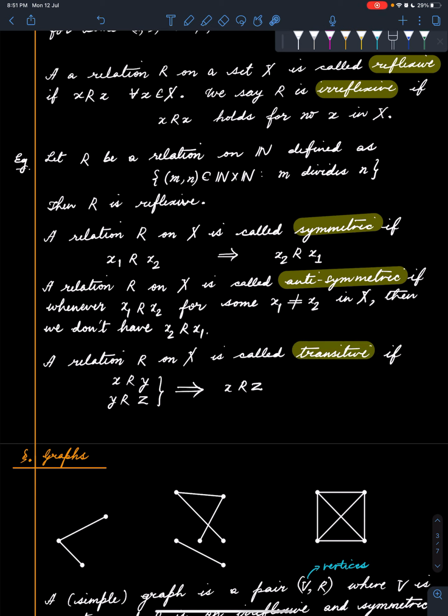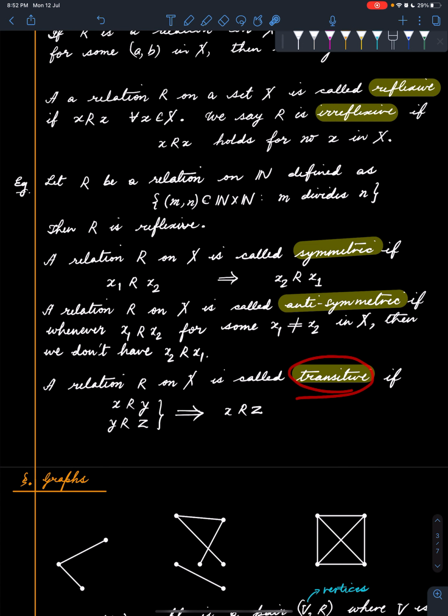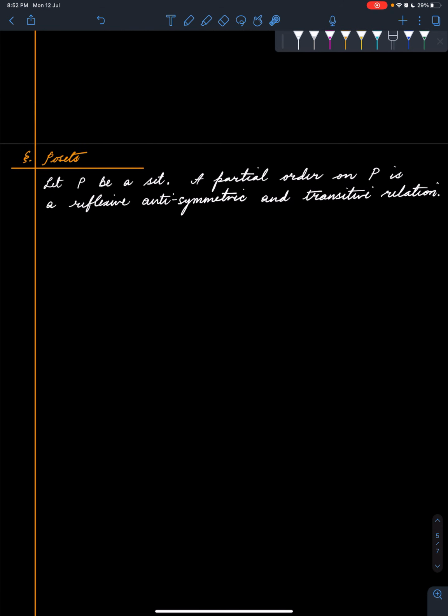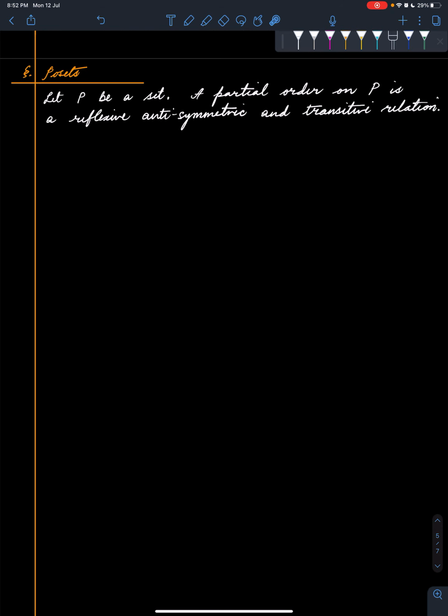So what this means is that whenever we see that X is related to Y and Y is related to Z, then X is related to Z. It's transitive, right? If you can go from X to Y and you can go from Y to Z, then you can go from X to Z. So this is also very good terminology is all I'm trying to say. So a partial order is a reflexive, antisymmetric and transitive relation.